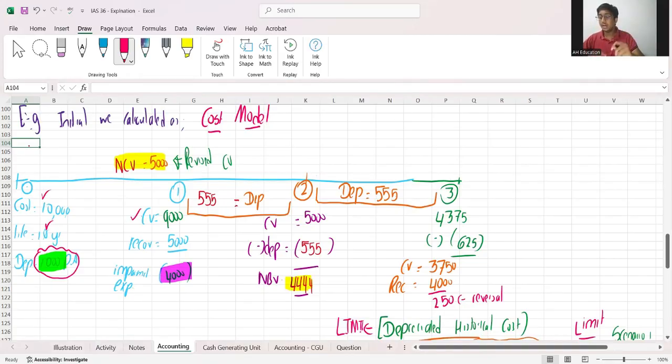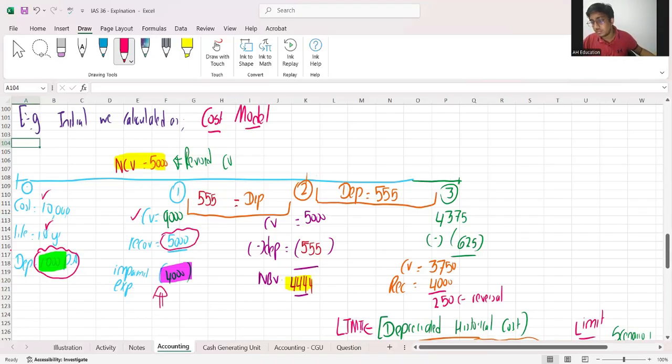But in year one, what happened was you had an indicator of impairment. The reason was that there was a reduction in the market value of the asset. So they found out the recoverable value. The recoverable value was 5,000. Now, as we know, when our carrying value is higher than the recoverable value, or in other terms, when our carrying value is overstated beyond the recoverable value, we need to charge impairment.